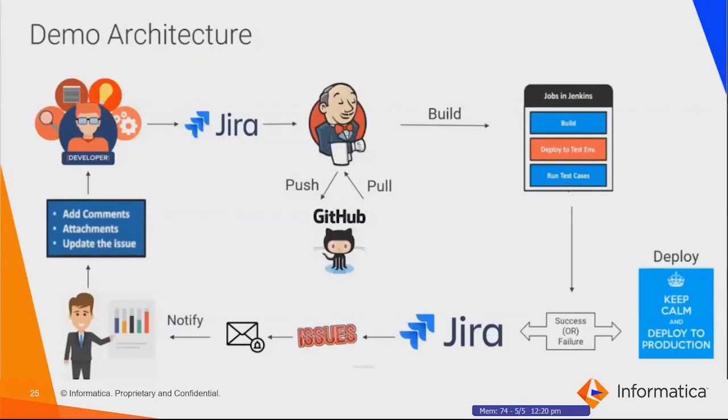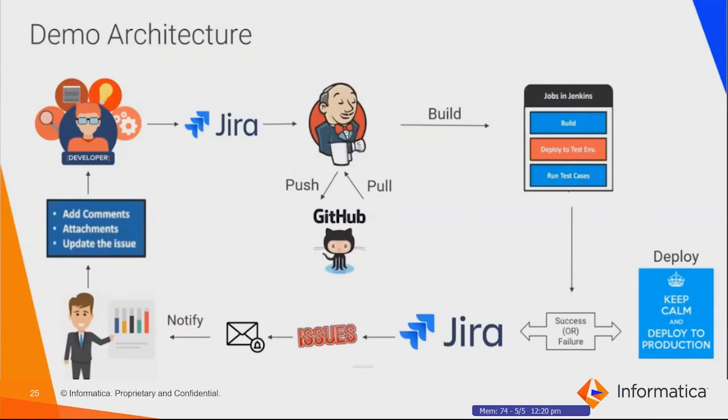So the process will start when somebody raises a new Jira. It will be notified to the corresponding stakeholders. Then it will be assigned to one particular developer. The developer will be making certain changes or developing some new mapping. He will go back and change the state of the Jira.